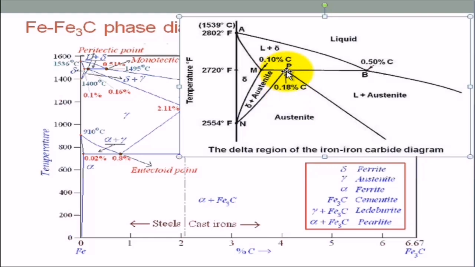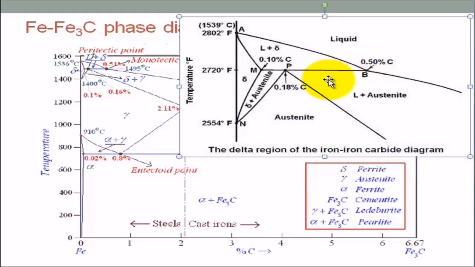And from the P point to B point, the horizontal line represents the beginning and the end of the crystal structure change for alloys between 0.18 weight percentage of carbon and 0.5 weight percentage of carbon.